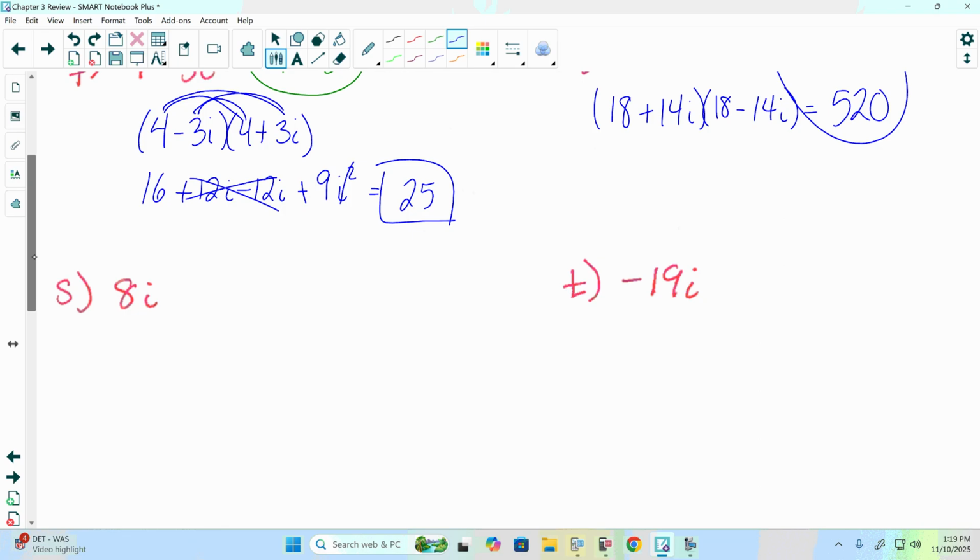When I plugged it in, it was an error. So next to the negative 3i, there's no parenthesis. Well, look, see on this one?